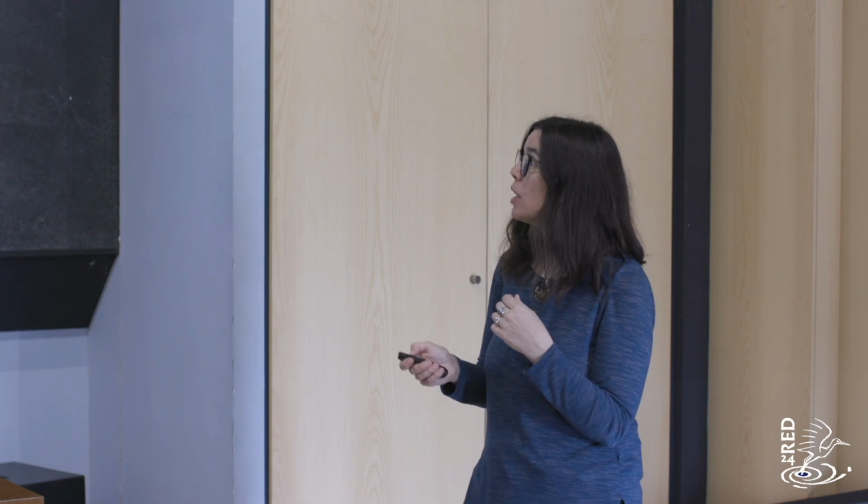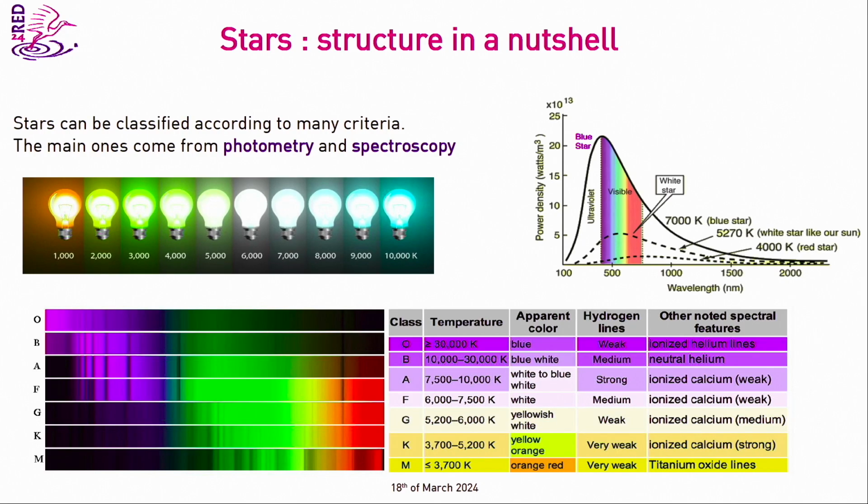And so photometry, as you all know. Here you have these light bulbs with the colors going the opposite way from the bathtub. The red is cool and the blue is hot, and this is due to Wien's law. Here you have the energy density according to wavelength, and you have a one-to-one relation between the maximum wavelength and the temperature.